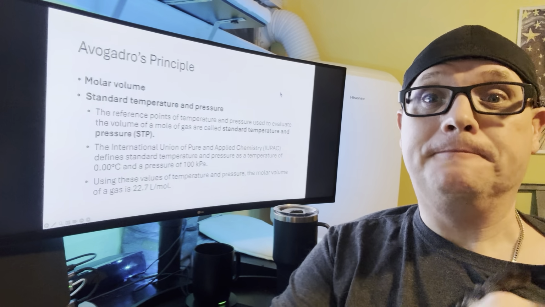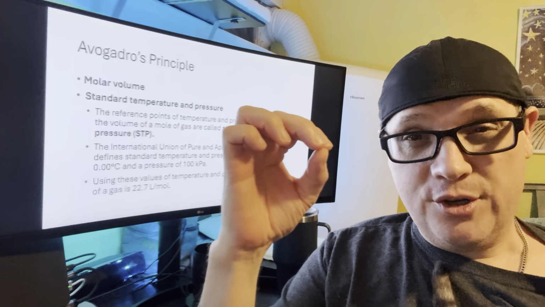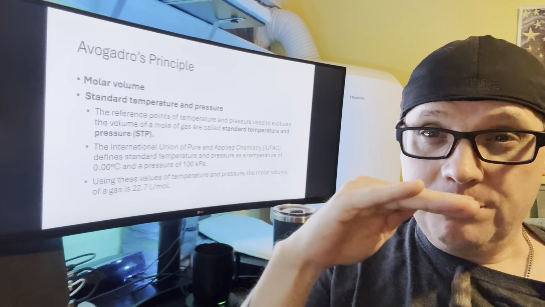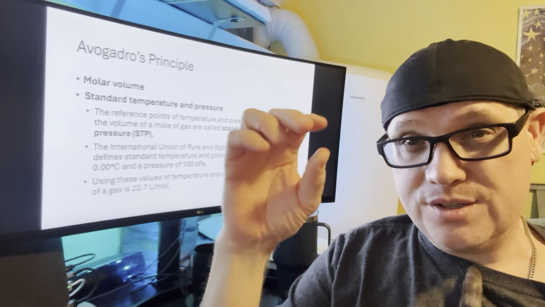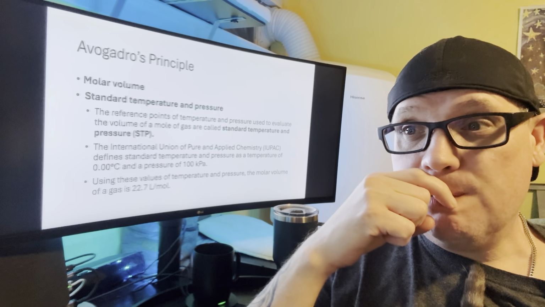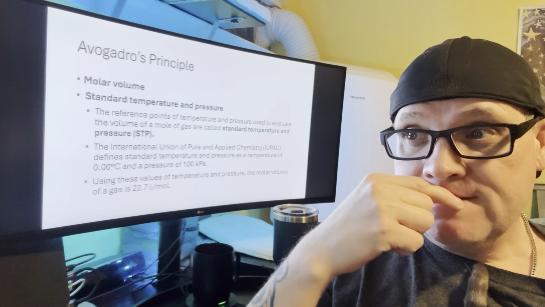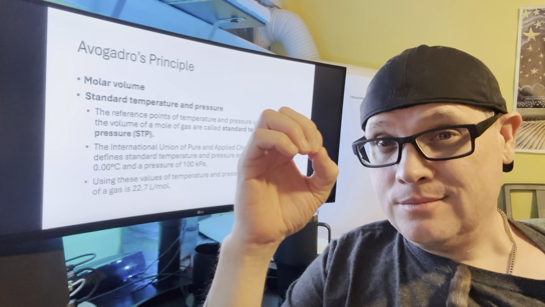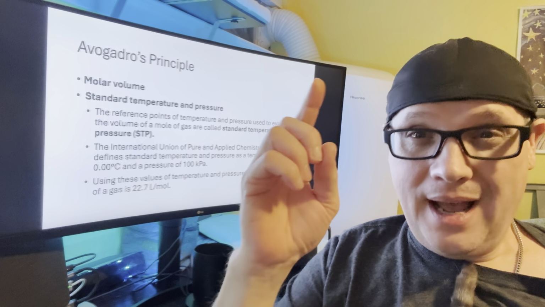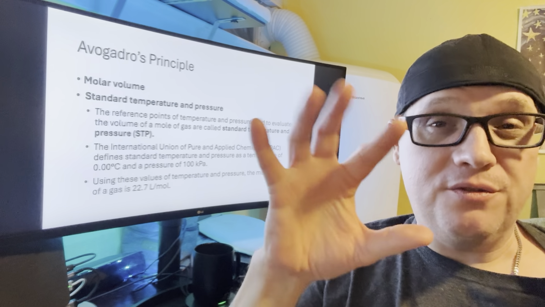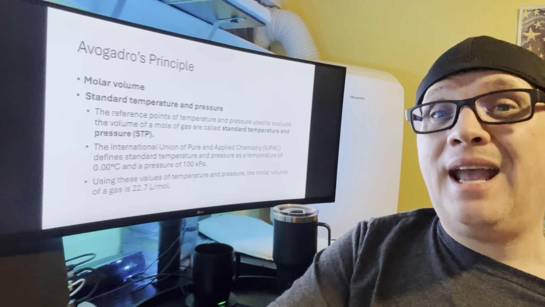Cool. Okay. So, standard temperature and pressure. We had to have a standard temperature and pressure to have a point where everything is focused on one area. What it boils down to is 0 degrees Celsius at 1 atmosphere or close to it; actually, the official STP is now 100 kPa.